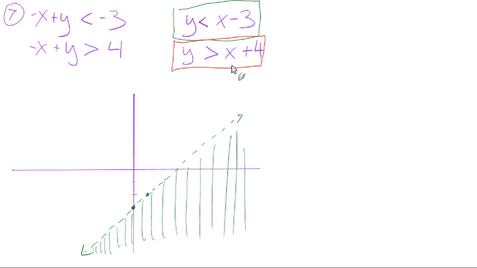All right, on to the red one. We've got a y-intercept of 4, and a slope of positive 1. So we're up 1 to the right 1, and we need a dotted line.